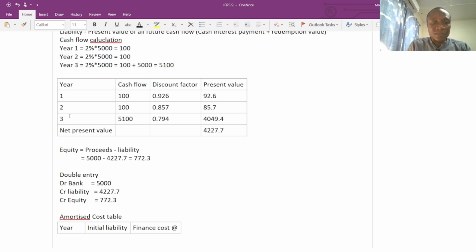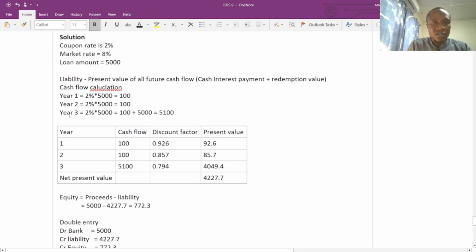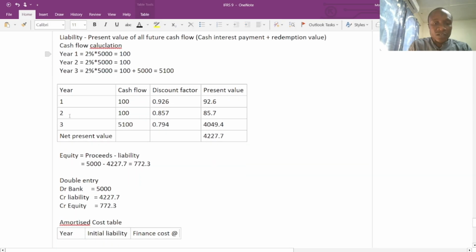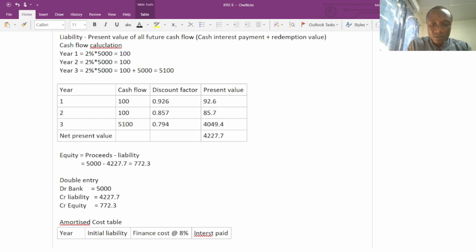The market rate percentage is what we are going to use to calculate the finance cost. I think it is 8%. So finance cost at 8%, and interest paid at 2%, and the closing liability.